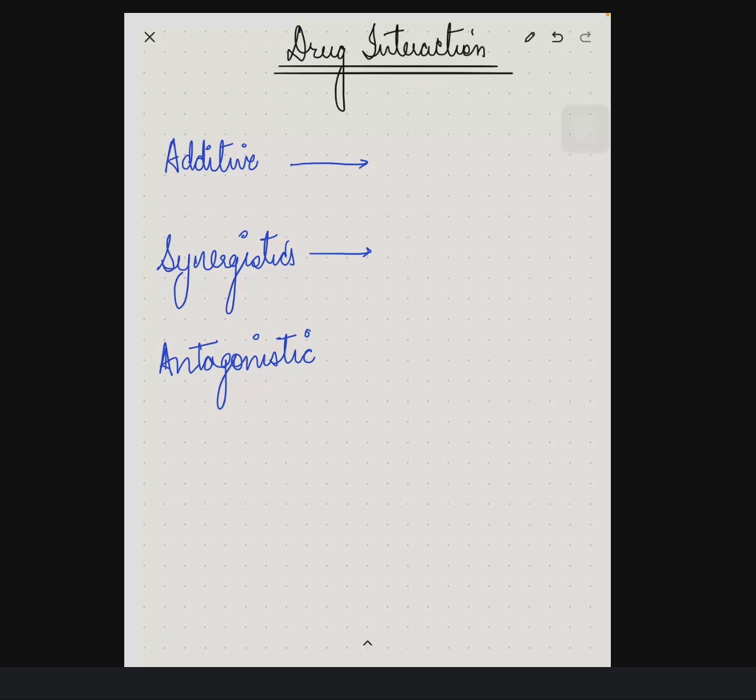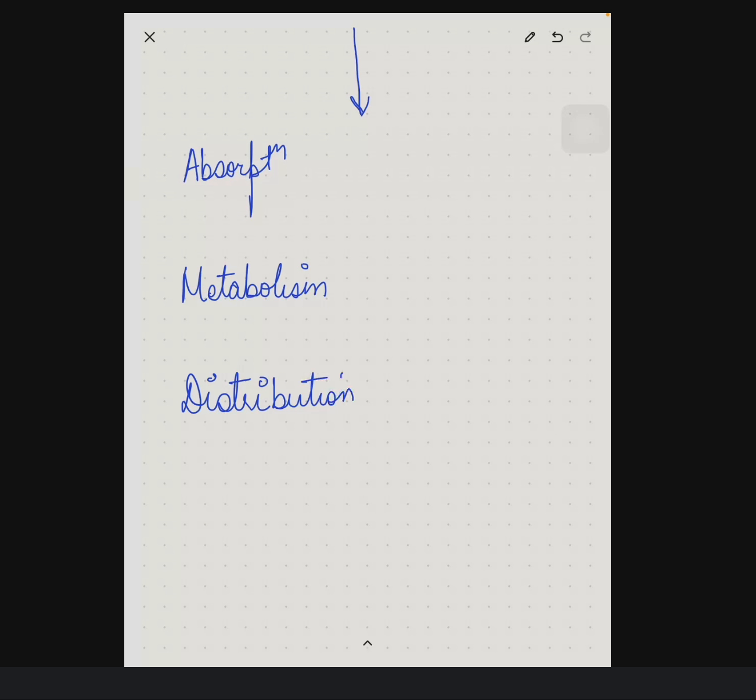When we look into kinetics, the interactions that can happen could be at any step. And we know in kinetics, the steps that we discussed are absorption, and the third step is distribution, and last is excretion.